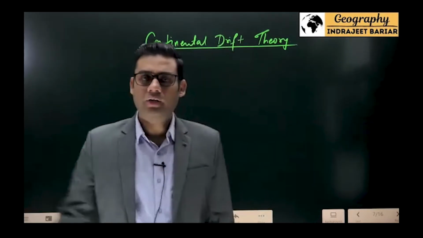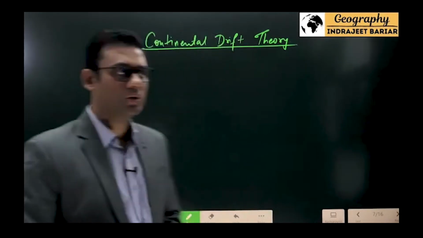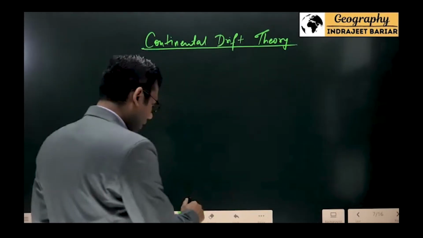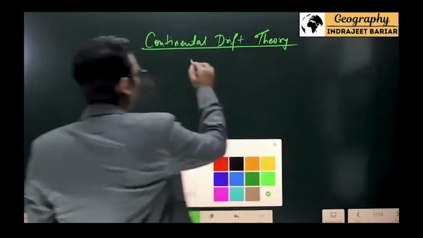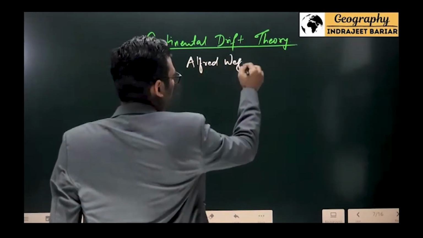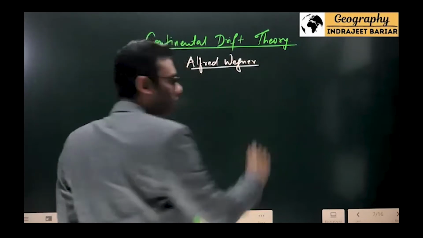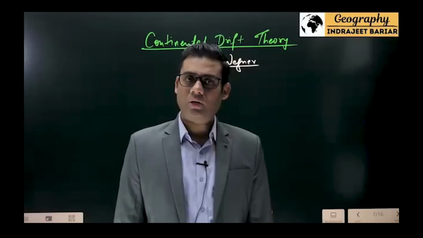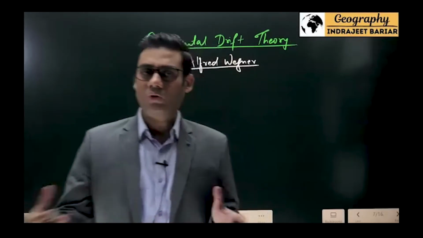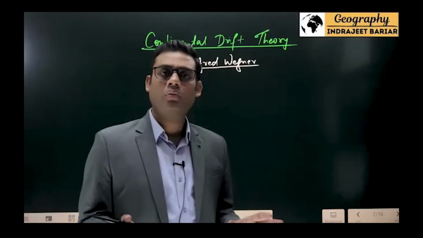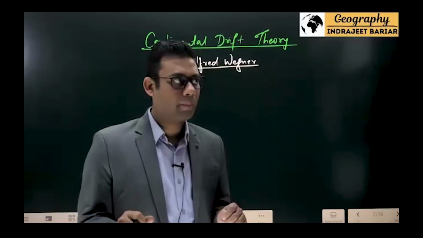With continental drift theory, what we can see is that it was given by Alfred Wegener. In this theory, Wegener talked about how the continents have moved over a period of time, and the present-day positions of the continents have been explained.